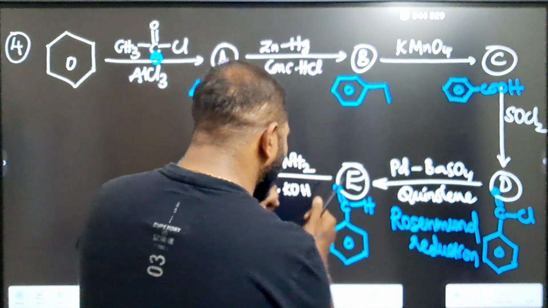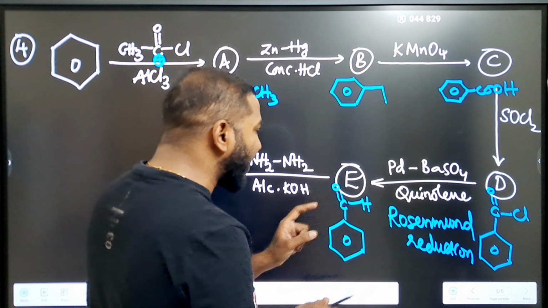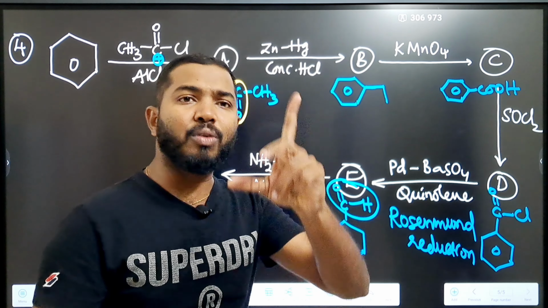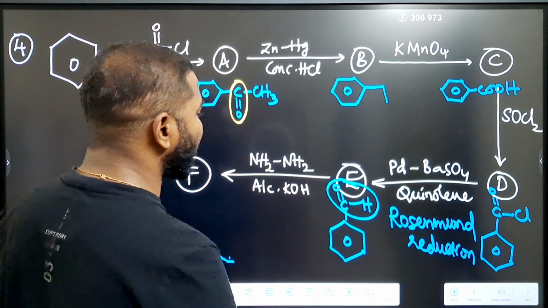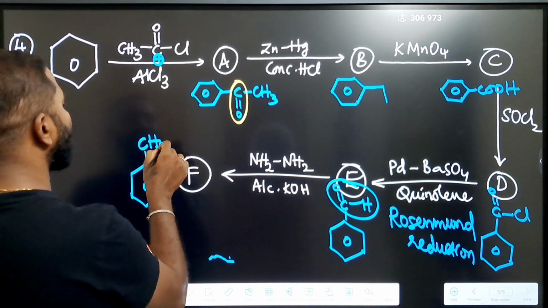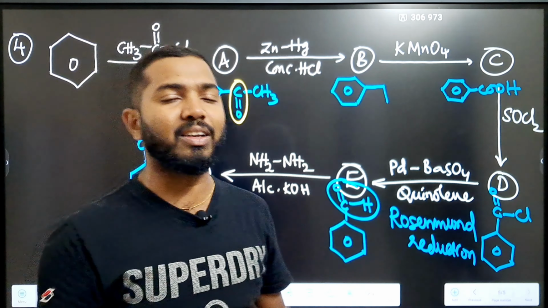And then again, don't forget, this benzaldehyde, the aldehyde we are again trying to react with, again this is an organic name reaction, very famous reaction, NH2NH2 hydrazine in the presence of alcoholic KOH, which is called Wolff-Kishner reduction. Hope you understood, where the aldehyde or ketone group will get converted into, again, it will get converted into alkane side chain.